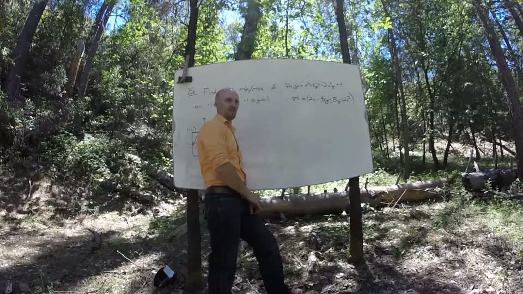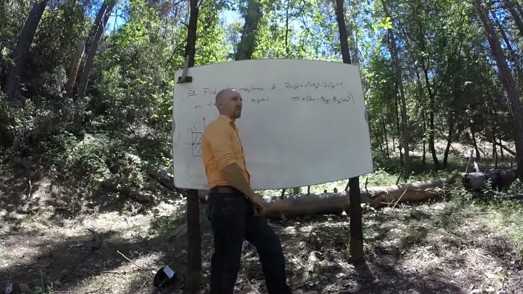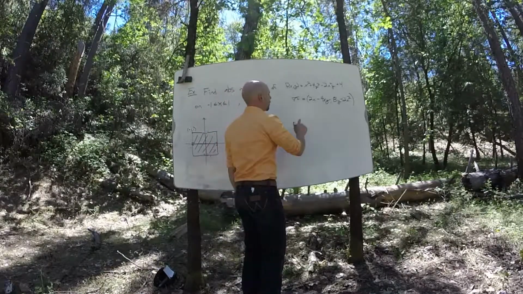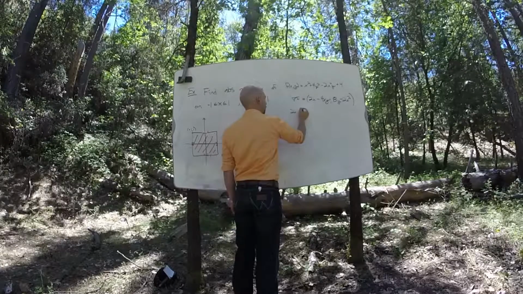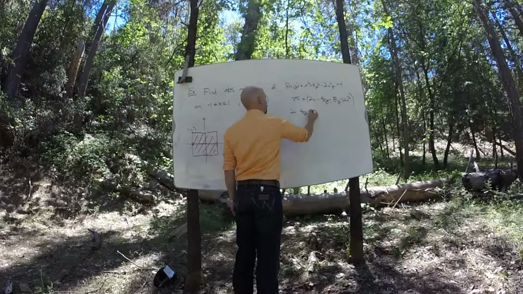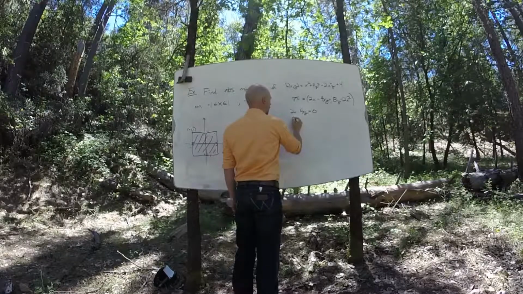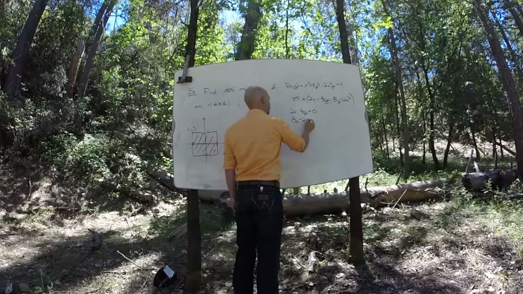That's going to tell me I've got 2x minus 4xy is 0, and 8y minus 2x squared is 0.